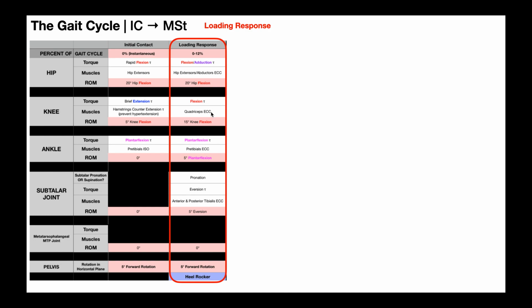So what does that mean? They're controlling the knee flexion. Okay, so we're still going to have knee flexion, but we're not going to have a huge amount of it because the quadriceps are controlling that movement. Okay, remember, in eccentric contraction, that muscle's still lengthening, okay, but it's controlling the movement. So we go from 5 degrees of knee flexion to 15 degrees of knee flexion through loading response. So we actually get a little bit extra knee flexion.